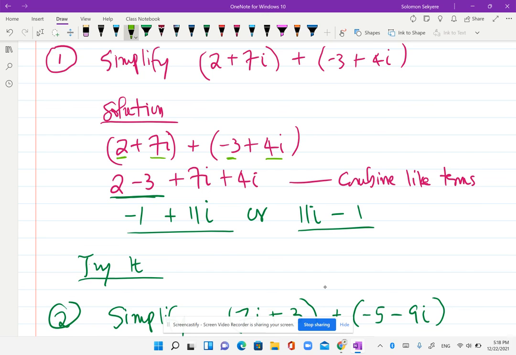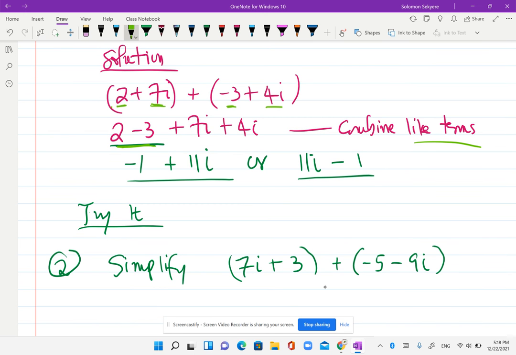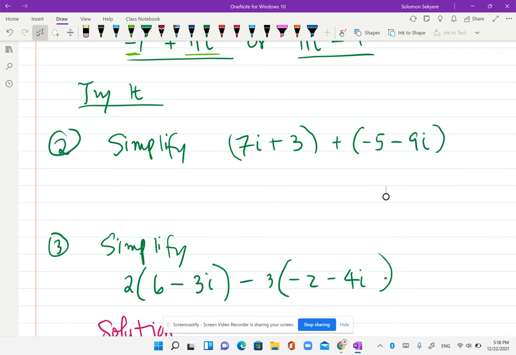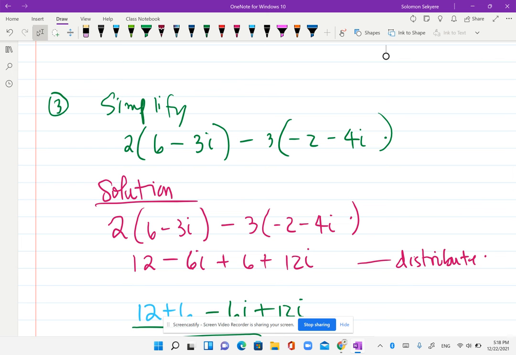So you combine like terms: 2 minus 3, and then 7i plus 4i. Your answer is negative 1 plus 11i. Or you can also write 11i minus 1, but the standard is to write the real number first and the imaginary part second. So try it. What did you get? Let's do this one here, and then we are done.